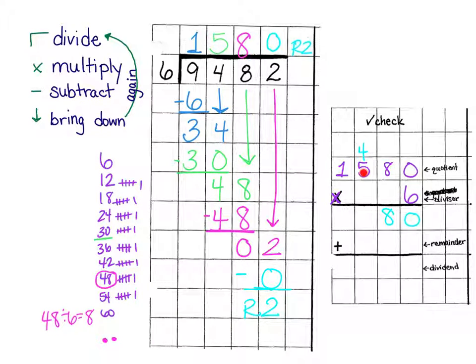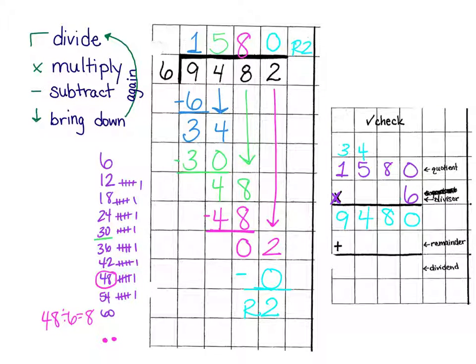Then we say 5 times 6 is, if you don't know, come back over here. 6 times 1, 6 times 2, 6 times 3, 6 times 4, 6 times 5, 30. Plus 4. 31, 32, 33, 34. 34. Then we multiply. 1 times 6. 1 times 6 is 6, plus 3 is 9.